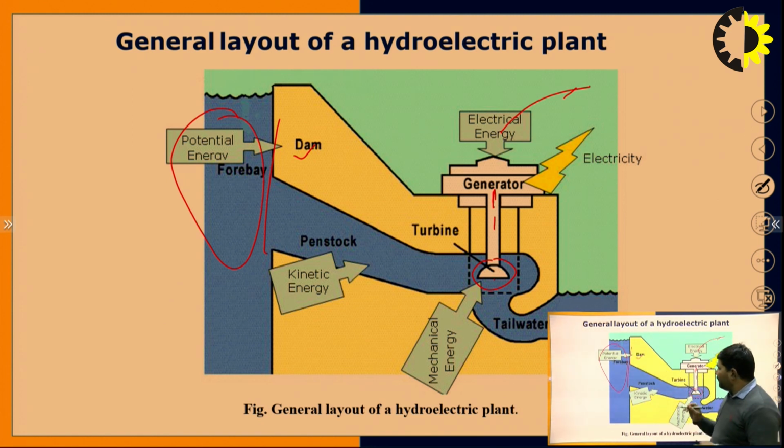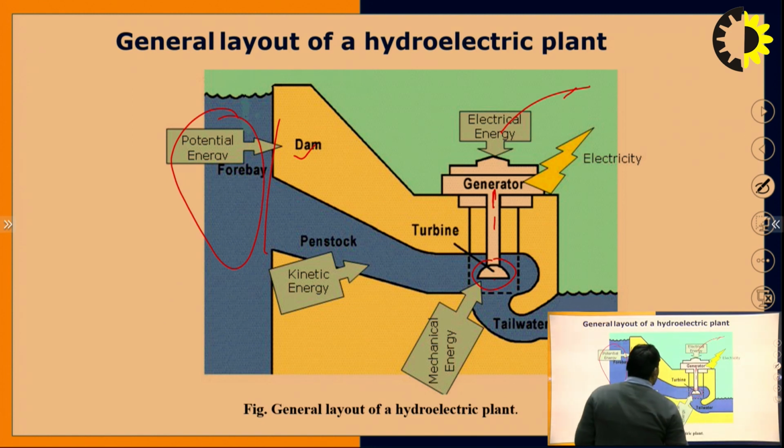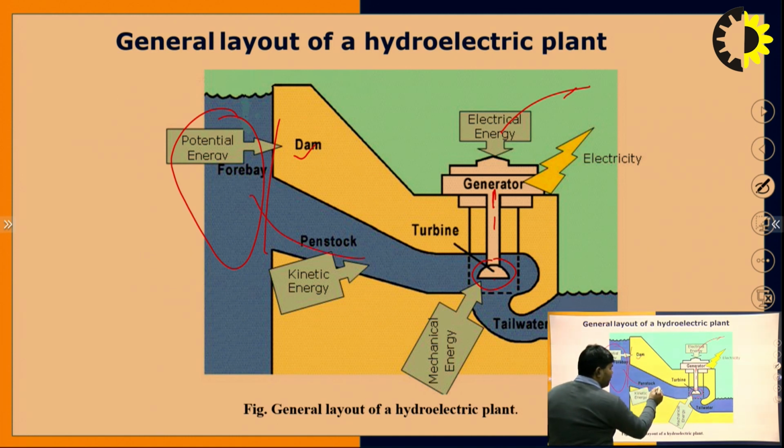After that, the stored water is transferred through the pipe. This is the penstock, and the material of the penstock can be concrete, or an MS plate or MS pipe, or FRC fiber and concrete.